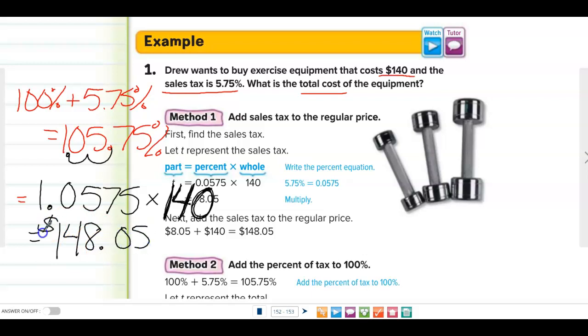Good. $148.05. Questions on that one? No. Okay.